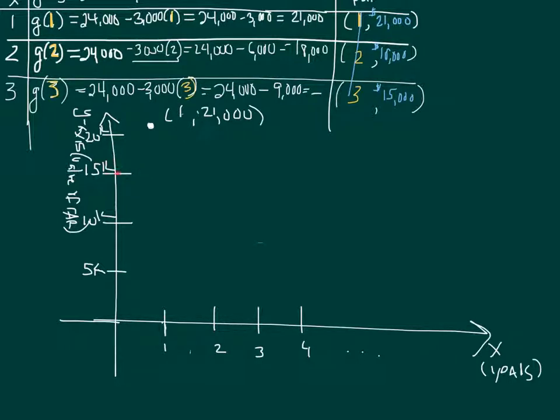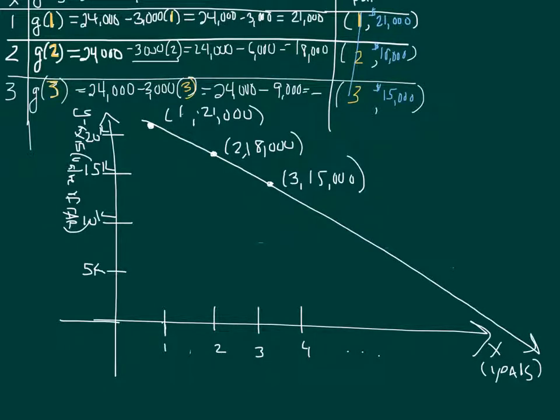Well, here's 15, so 18 somewhere in here after 2 years. So maybe 2 comma 18,000. And finally after 3 years, 15,000 is right there. So 3 comma 15,000. And if we connect these points, you actually get a straight line.